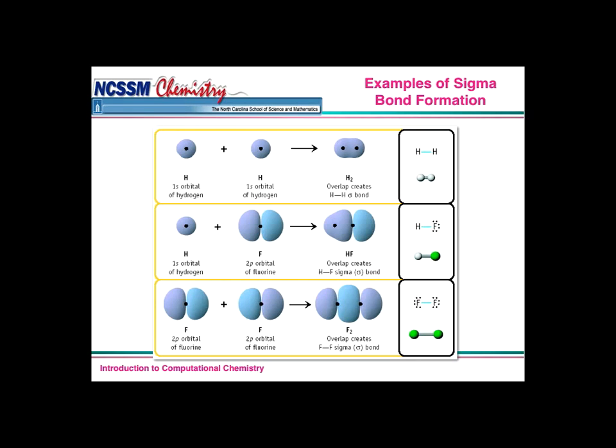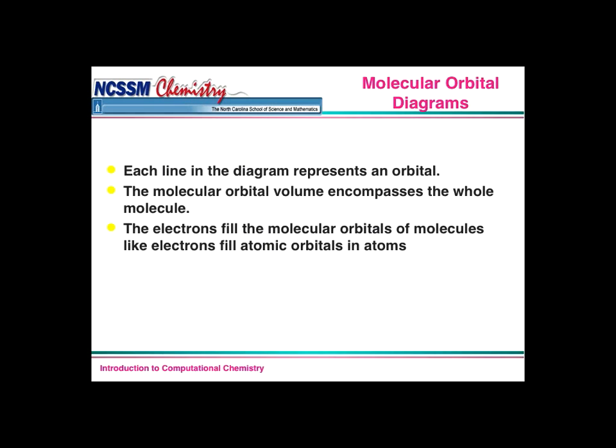So the important thing in molecular orbital theory is going to be knowing what the lobes are, okay, what color they are, red or blue, and then we can talk about whether or not they'll overlap and make a bond. Okay, so we have other ways of communicating what these things look like, and these are called molecular orbital diagrams.